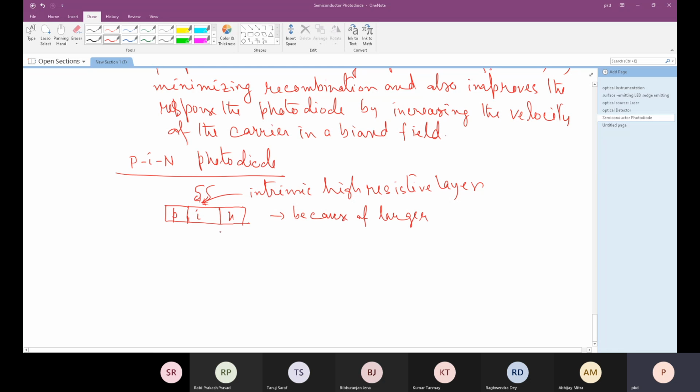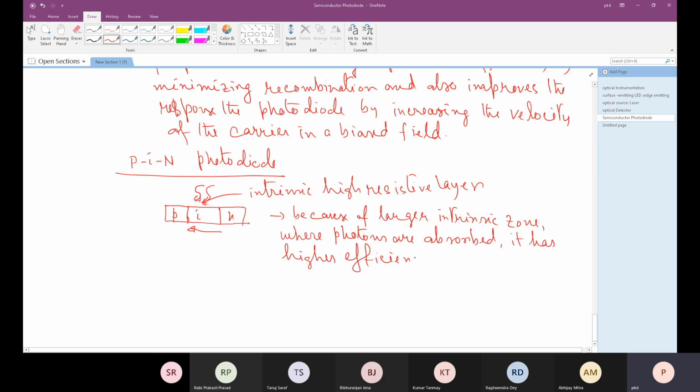Because of the larger intrinsic zone, where photons are absorbed, it has higher efficiency.